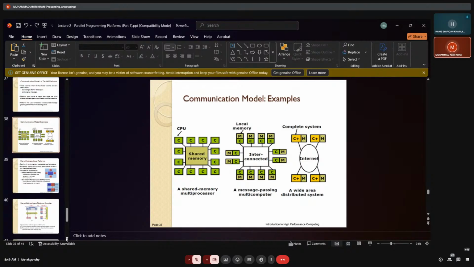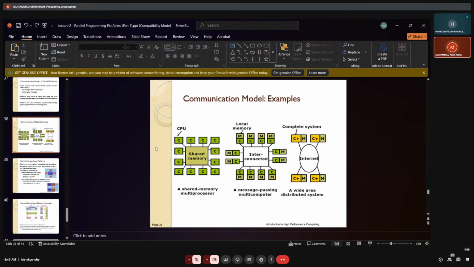And number three, we have a complete system, like a wide area distributed system. Full-fledged, we have the internet, and a processor, the CPU, and the memory as well, all interconnected with each other via the internet. This is a wide area distributed system.